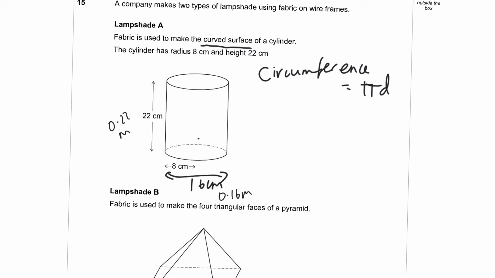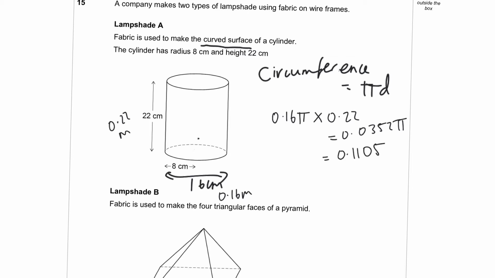So either way is fine. I'm going to do it by converting everything to meters. So then that would be 0.16 times pi times 0.22, which would be 0.0352 pi. If you put that into your calculator, that should give you an answer of around 0.1105.